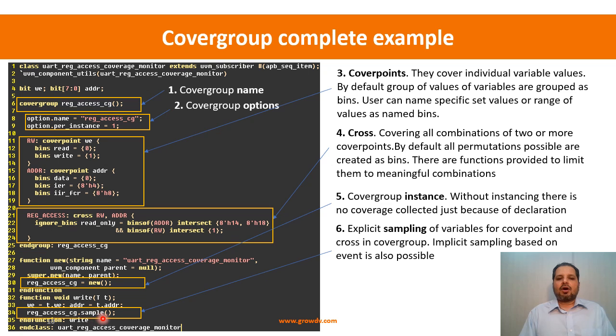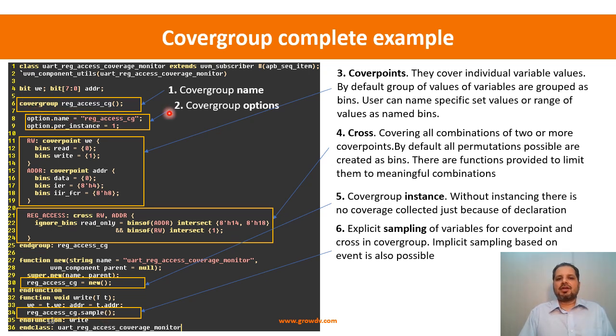When I call dot sample, it samples the various cover points and crosses that I have defined from the variables that I have associated. So it's three major steps: I have the declaration for my cover group, then I have constructed my cover group using new, and third, I am calling the sample. These are the three major steps, but then we have the sub steps. Let's look at those.